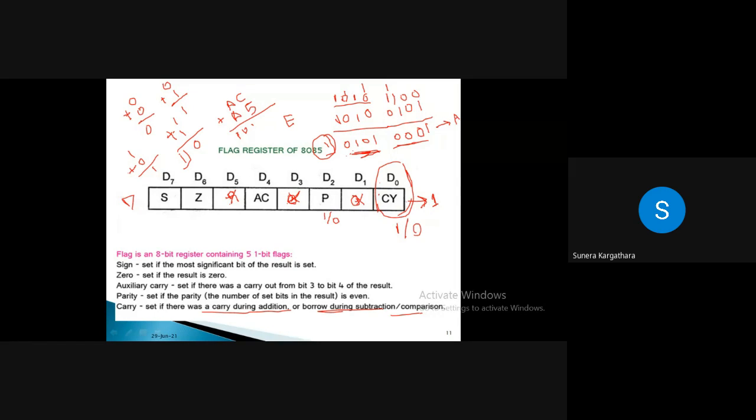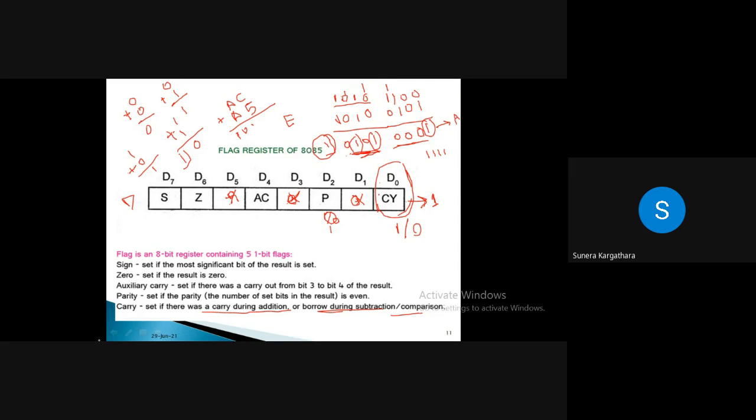Should I repeat one more time? In my result, how many ones? 1, 2, 3. So is it an even number of ones or an odd number of ones? Odd. So this parity will be considered as 0. If in my result I have 4 ones, that means my parity will be set to 1.